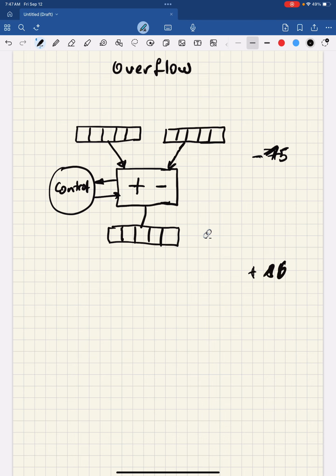This is the range of numbers that we'll be able to store in those registers. So we will have 4 bits for the number and then 1 bit for the sign.